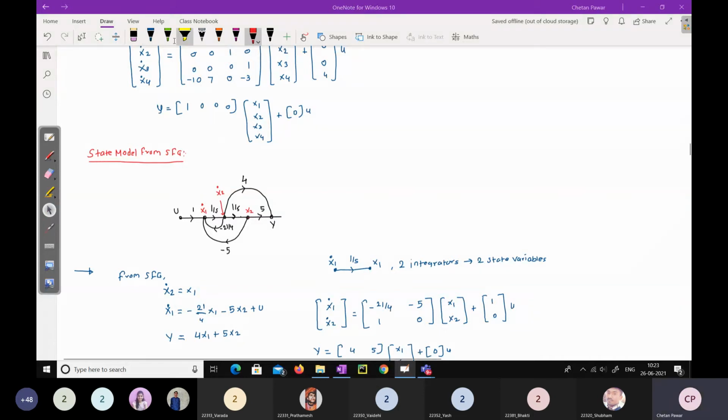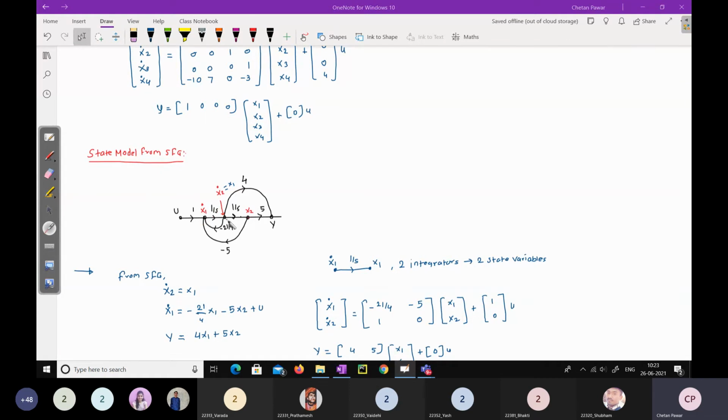If I say x2 bar is equal to x1, then what will be the input of this integrator? That will be x1 bar, because the output is x1, which is equal to x2 bar. So the input of this particular integrator will be x1 bar.